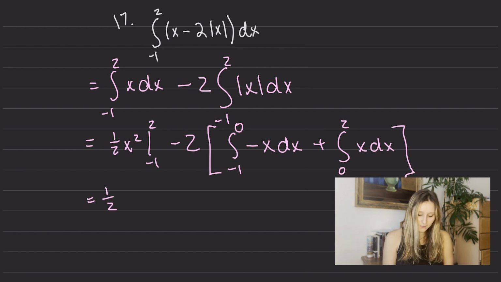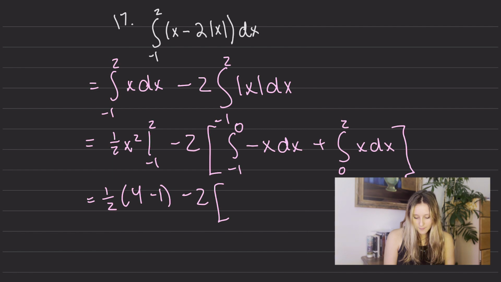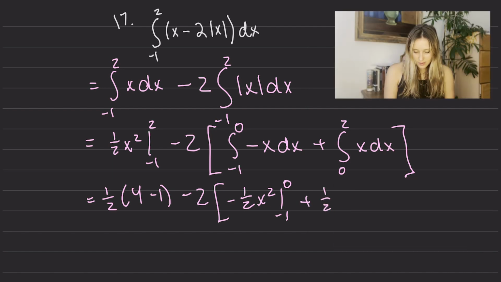Okay, 1/2, and then we get 2 squared, which is 4, minus 1 squared is going to be -1. We get -2, and we get minus 1/2 x squared evaluated at 0 and -1 plus 1/2 x squared evaluated at 0 and 2.